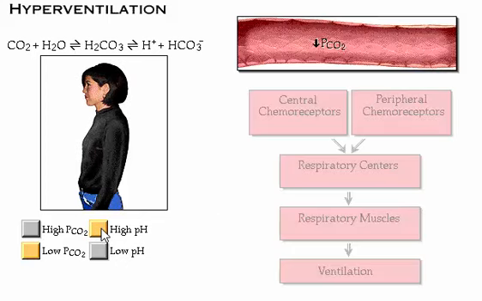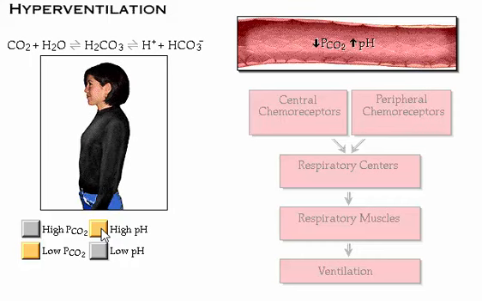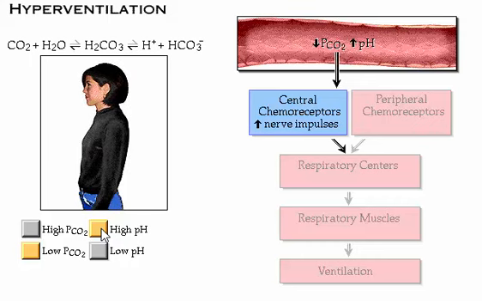Correct! During hyperventilation, carbon dioxide is exhaled, lowering the PCO2. This drives the chemical reaction to the left, decreasing the hydrogen ion concentration and increasing pH. Since the PCO2 is low, the central chemoreceptors send fewer impulses to the respiratory centers.